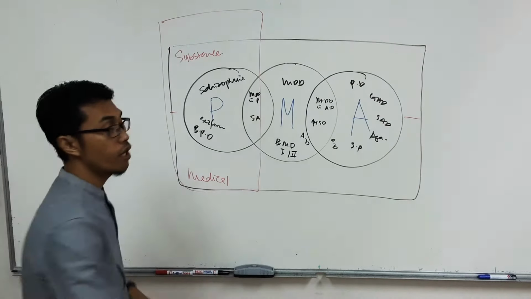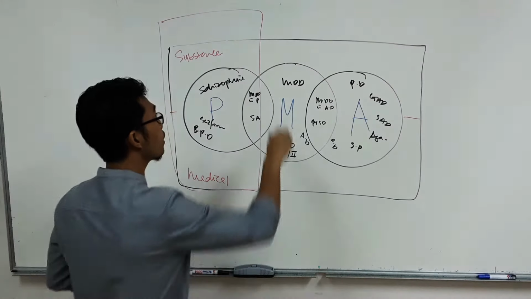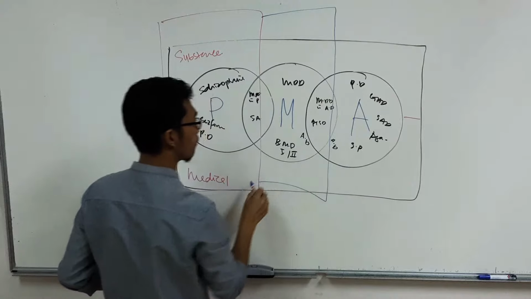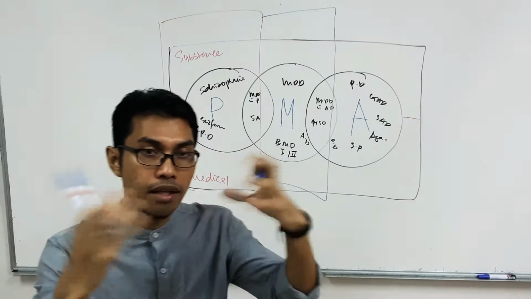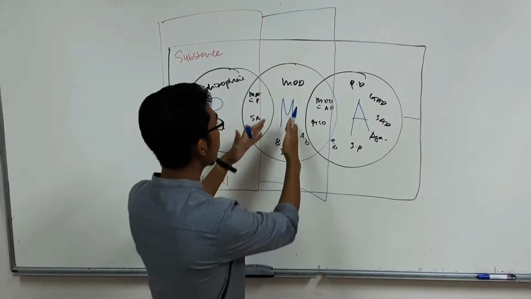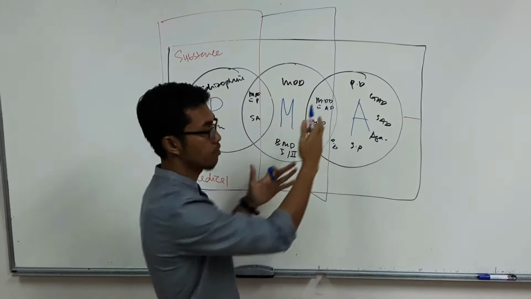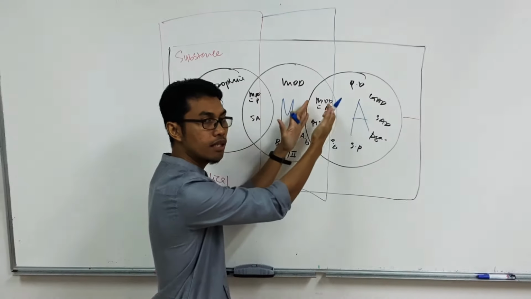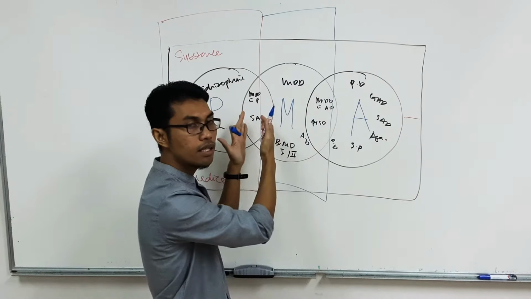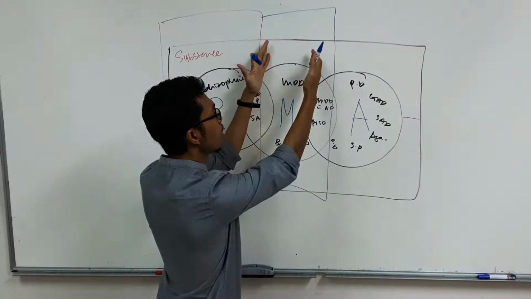Another example, if you have a case of mood. Okay, so the patient presented with depression with some other features. Then you need to think along this line. Is this MDD? Is this bipolar? Could this be something related to anxiety? Could this be something related to psychosis? Could this be something related to substance?